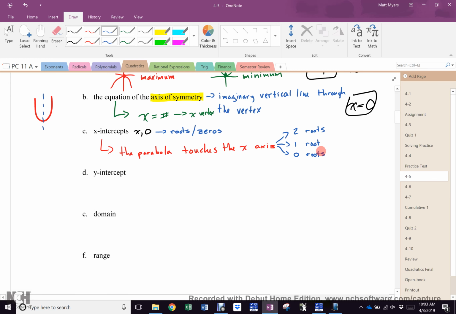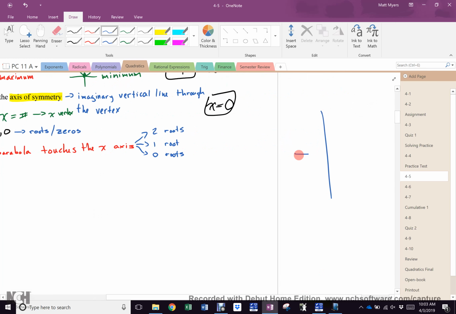Now, you don't need to write this down. How many roots on that one? 2. There and there. How many roots on that one? 1. How many roots on that one? None. Everybody cool?